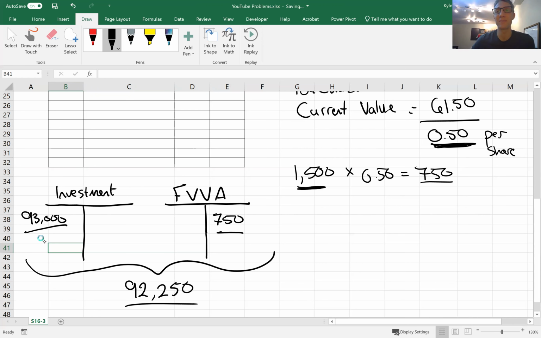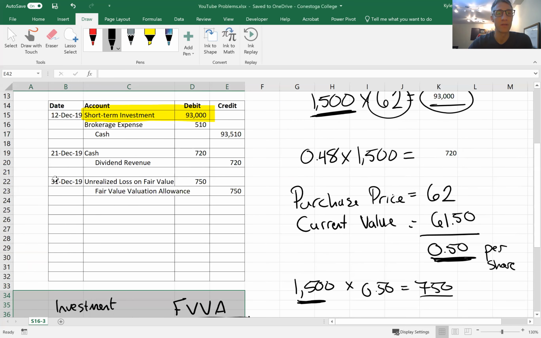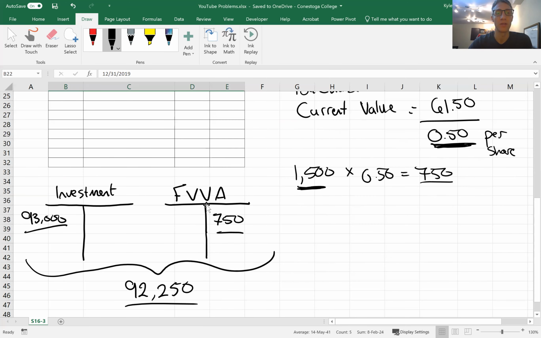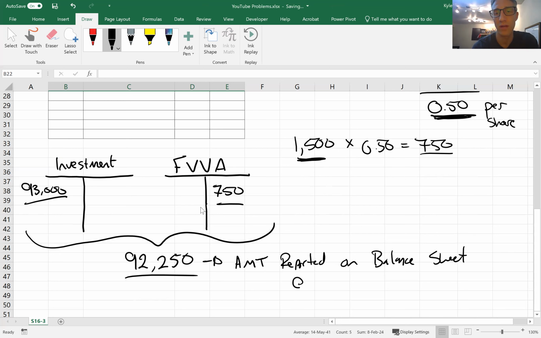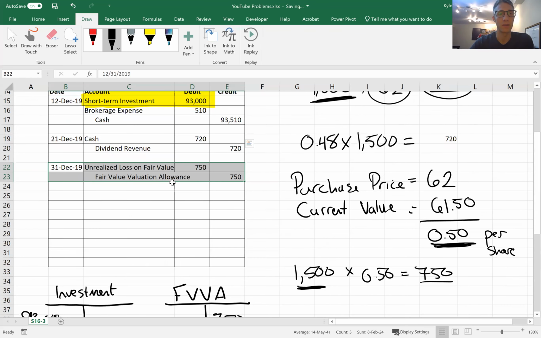So that's the carrying amount of this investment as of December 31st, 2019. So this is the amount it would be reported on. Amount reported on balance sheet at 2019 year end.